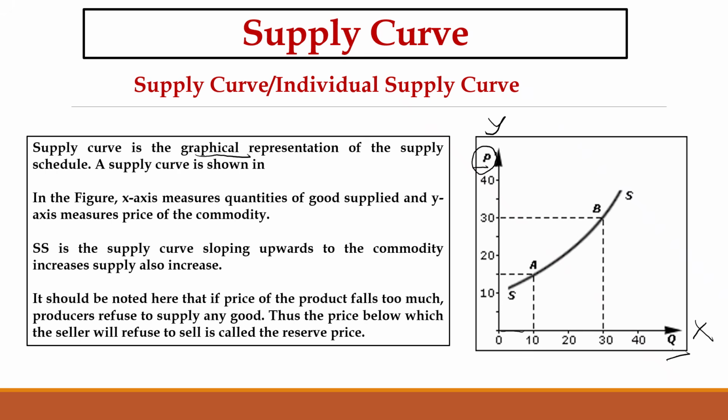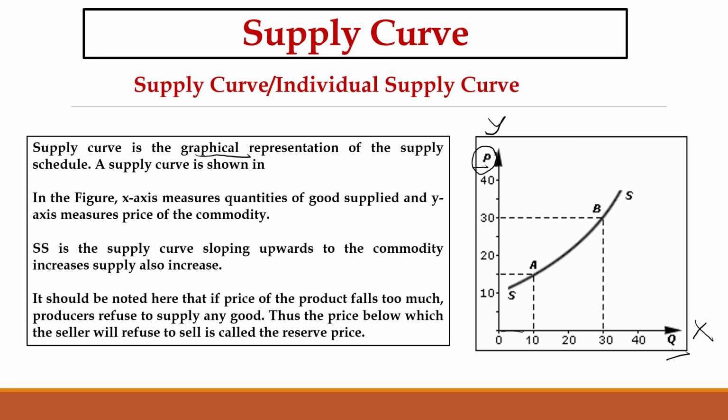Now, when the price of a commodity is 15, what happens? When the price is 15, the quantity supplied is 10.